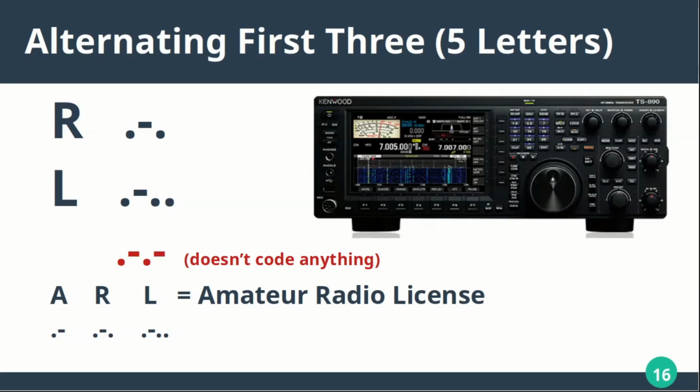It starts with dot dash, then dot dash dot, and then dot dash dot dot. But in any case, the last one in red, dot dash dash, doesn't code for anything. That's the first one we've encountered so far in the video that doesn't encode for anything.